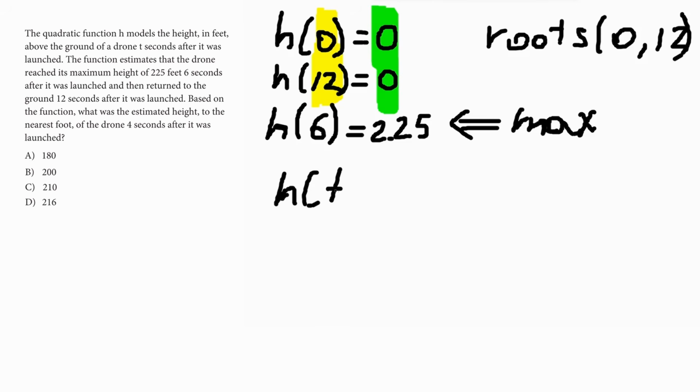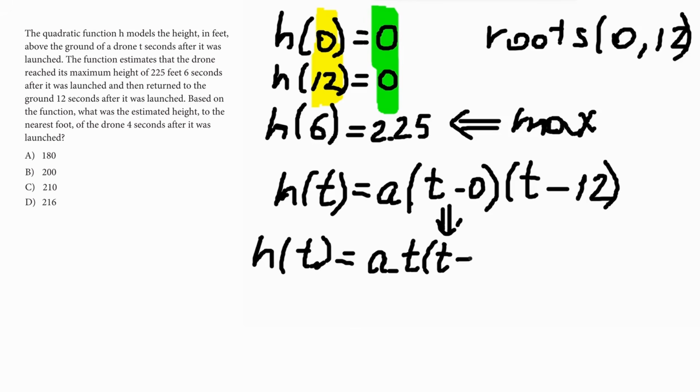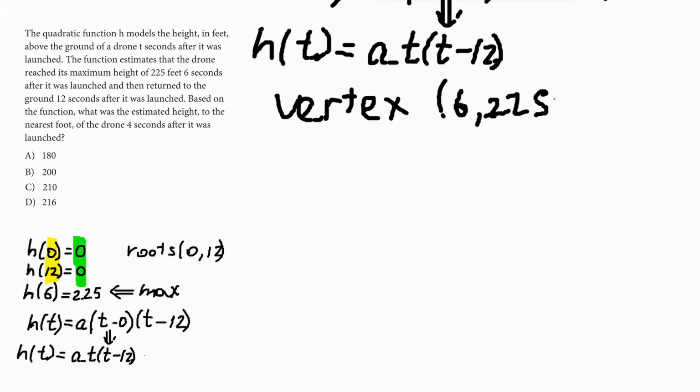The next thing we're going to do is plug in the vertex, which is the maximum height, into the standard factored form. And here, the first root is 0, that's why t minus 0, and the second one is t minus 12. So from here, we're going to get this form, and after that, we're going to plug in the vertex, which is 6, 225.